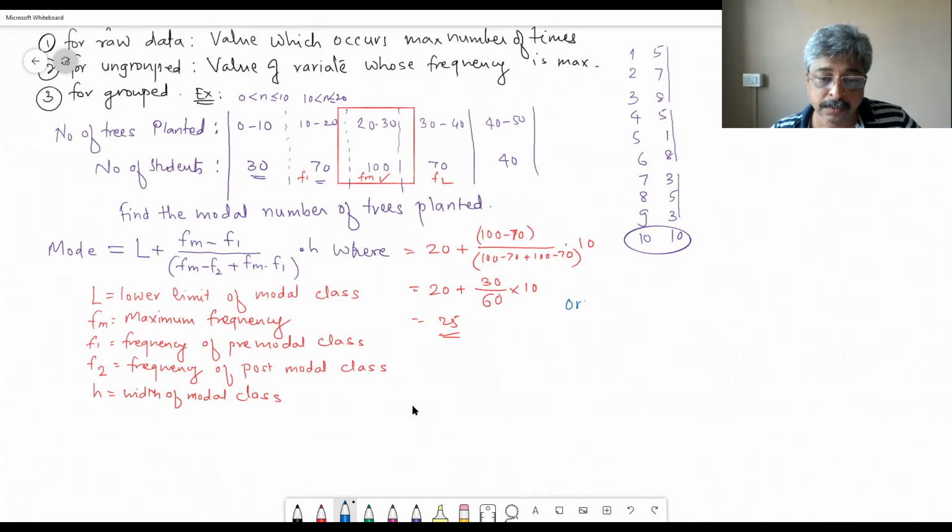So the physical interpretation would be that 25 trees is the most number planted by any student. No, sir, shouldn't it be that most students planted 25 trees? Yes, the number of students who planted 25 trees are the maximum.